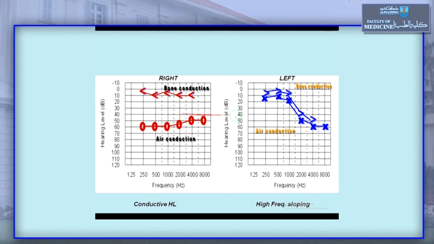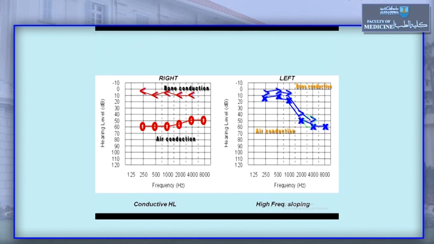Now look at the left ear. You will see that at the high frequencies, forget about the low frequencies, I will talk about them in a moment. For the high frequencies, we have sensory neural hearing loss, which means that the thresholds are below the 25 decibel line for both air and bone. Why? Because in sensory neural loss, the pathology is in the cochlea, inner ear, or in the auditory nerve.